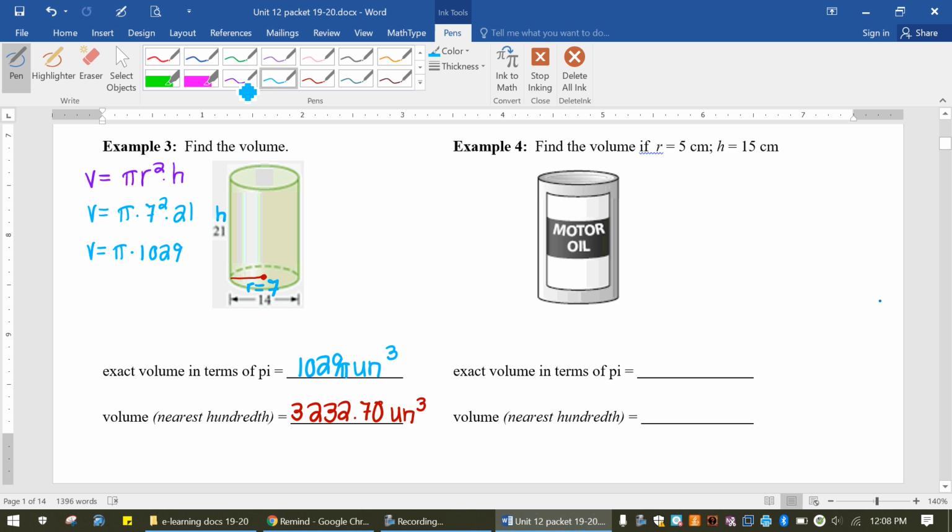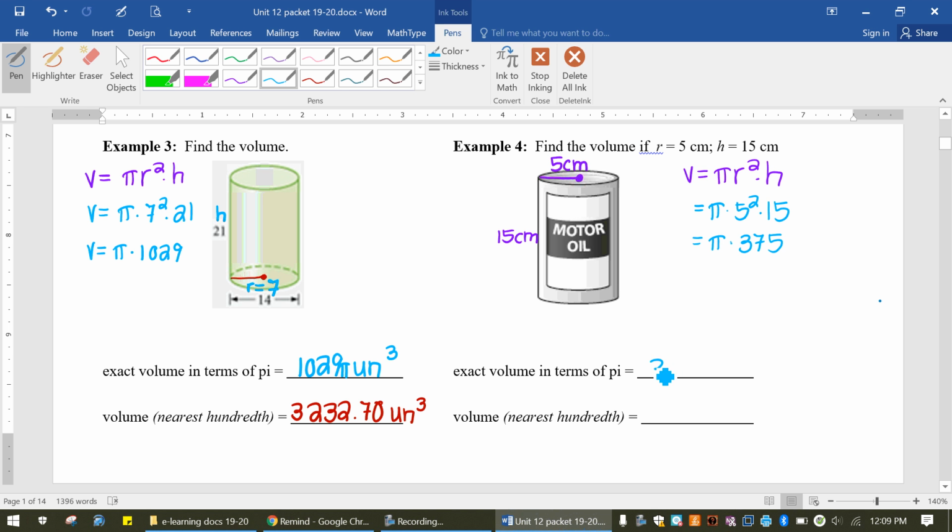Okay, one more. On this one, we're going to have to put the labels onto our diagram ourselves. Find the volume if the radius is 5 centimeters. So here's my radius, and the height is 15 centimeters. So volume equals pi r squared times height. So pi times radius squared, 5 squared, times a height of 15 is pi times 375.